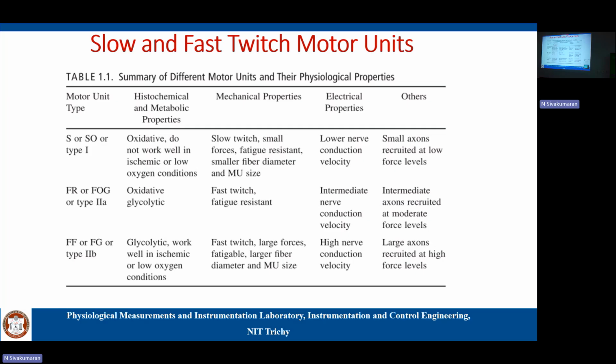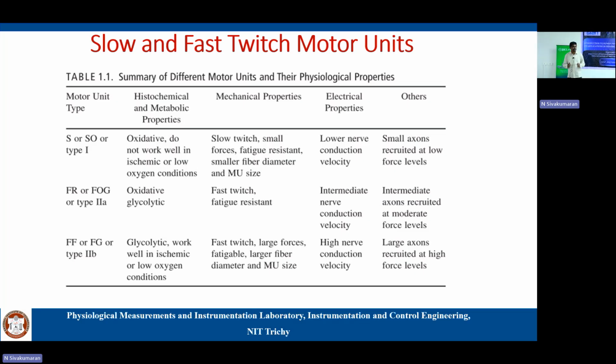Slow twitch means the muscles that are responsible for generating low force, and they will not fatigue fast. For example, when we walk, you are able to walk for a long time. You will not get leg pain so fast.